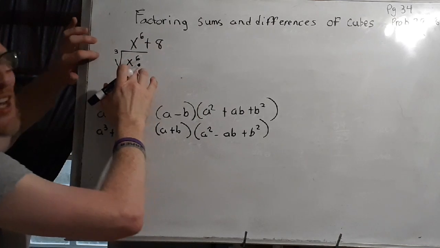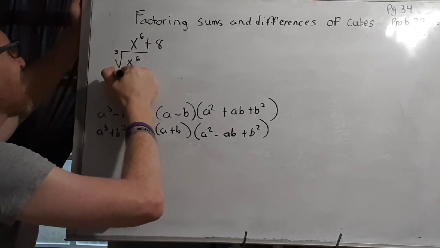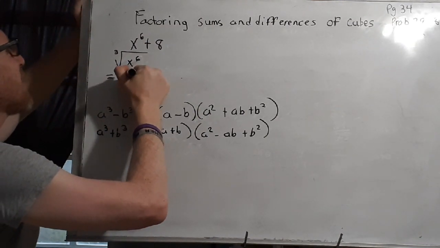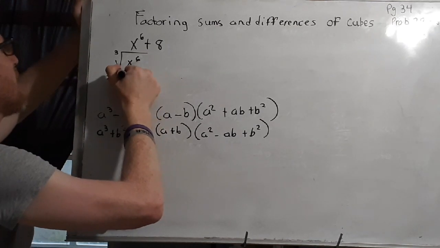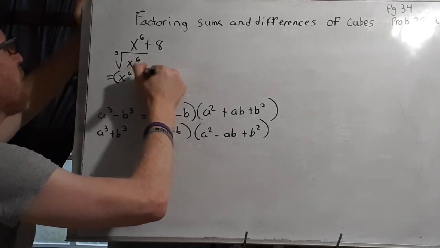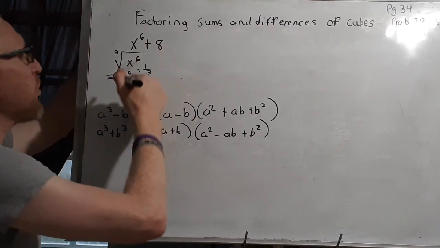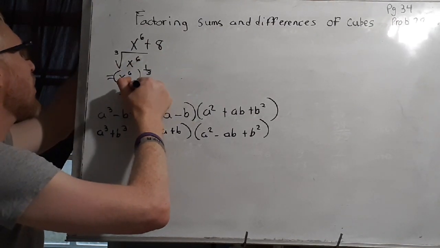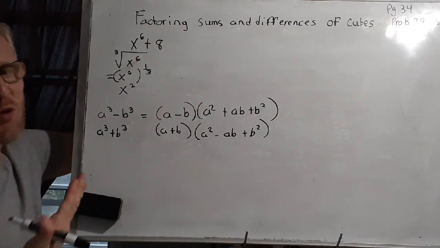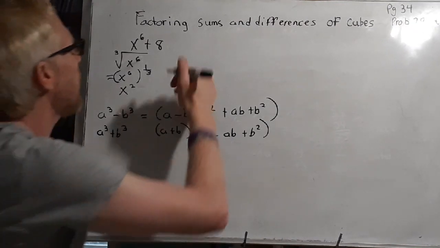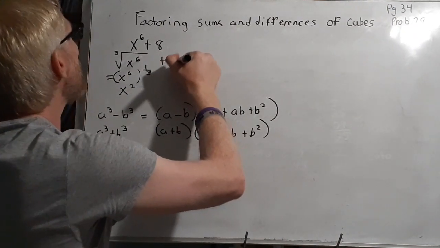Finding the cube root of x to the power of 6 is actually the same thing as saying x to the power of 6 elevated to the power of 1/3. So you multiply 6 times 1/3 and that actually equals x squared. So the cube root of x to the power of 6 is actually x squared plus the cube root of 8.